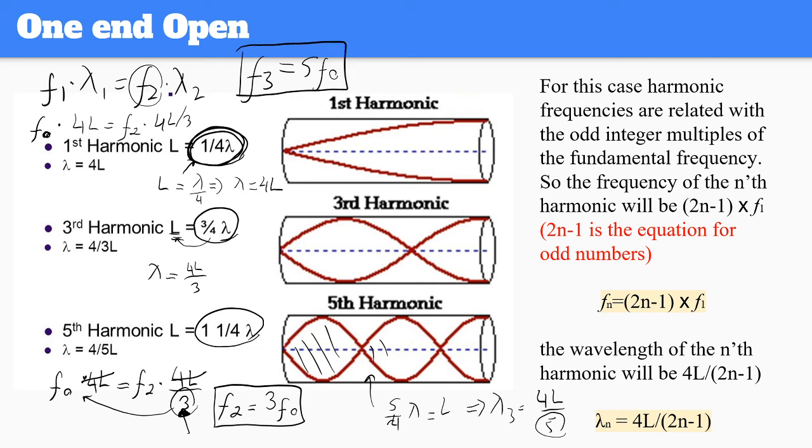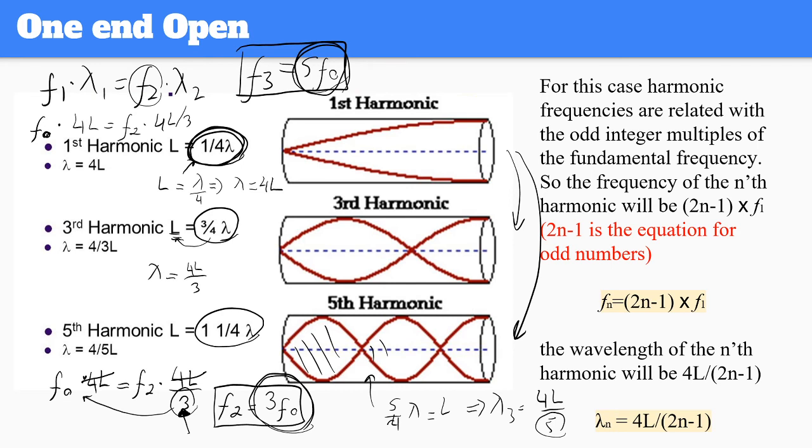So that's why for these next harmonics, you're not going to get the second, but you're going to get the third harmonic because it is 3 times the fundamental frequency. And the following one is going to be the fifth harmonic because it is 5 times the fundamental frequency. This is going to increase with the odd integers.